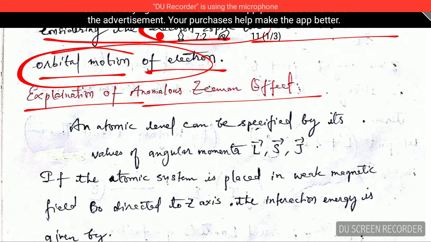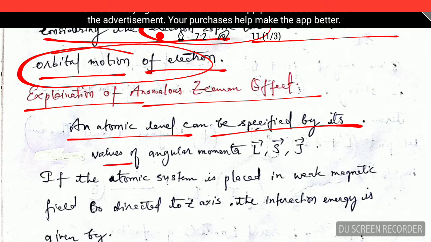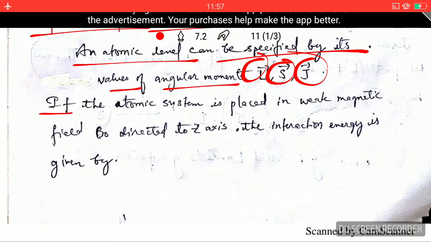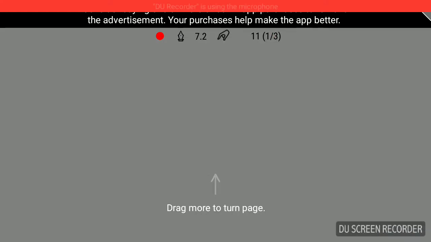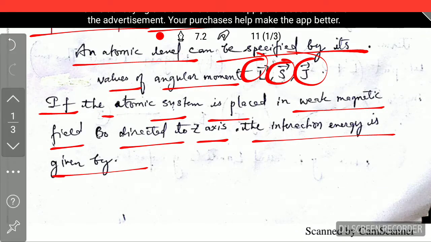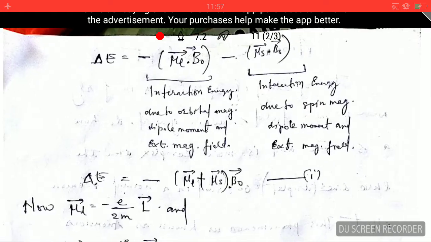We all know that an atomic level can be well specified by its values of angular momenta L, S and J. If the atomic system is placed in a weak magnetic field directed along the z direction, the interaction energy is given by this formula.